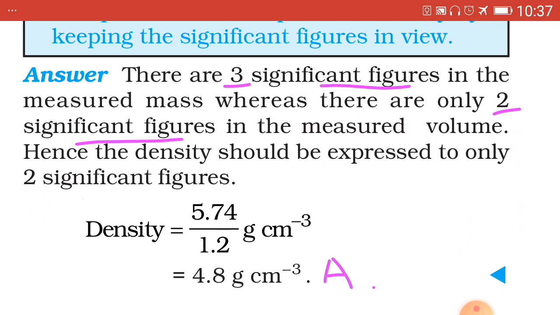So the volume value contains fewer significant figures, that is 2. Hence we should bring the answer of density and write it up to 2 significant figures only. This has to be borne in your mind. Description that much is not necessary.